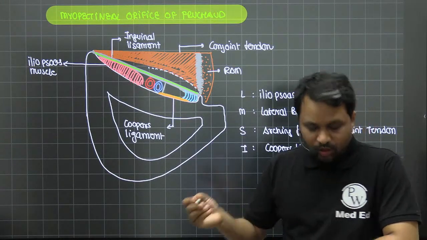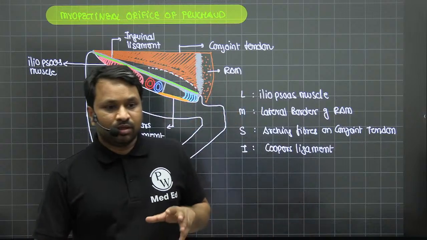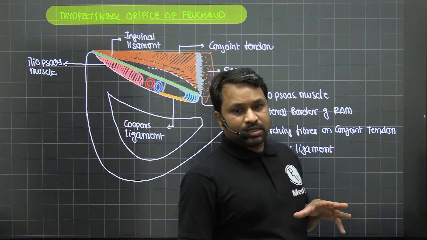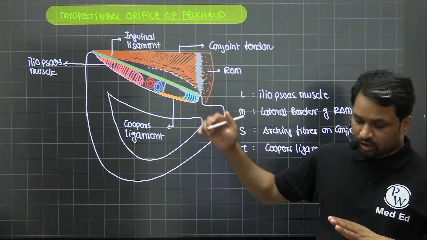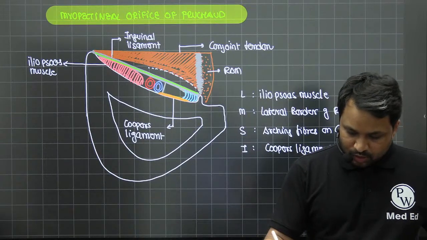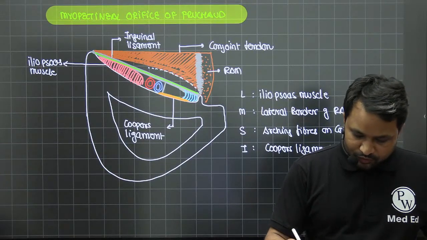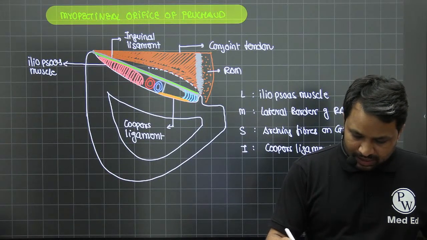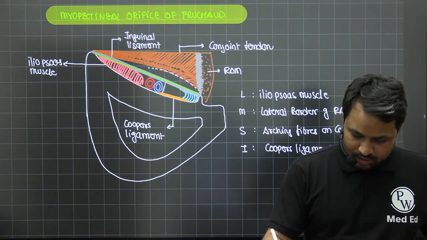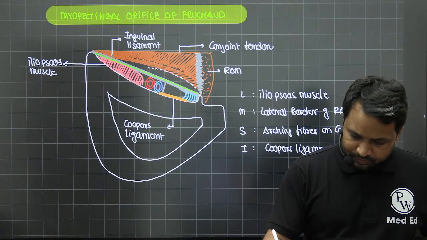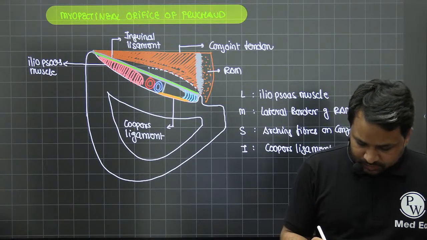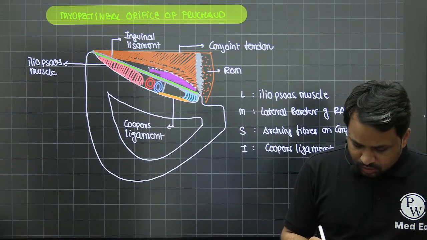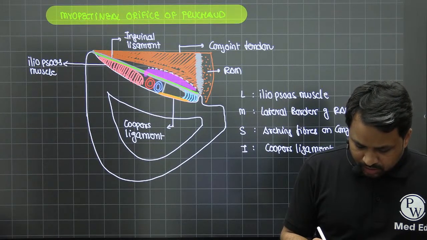And this is what we call the myopectineal orifice of Fruchaud, right? So if I have to anchor it down for you, the anchoring part will be in this area. Arching muscle fibers on top, that is your superior.